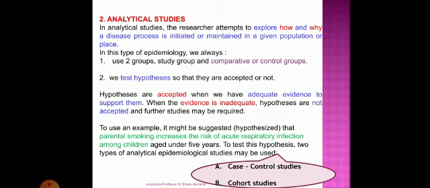So we have two groups, the study group and a comparative or control group, and we are going to compare the occurrence of the disease or the presence of the disease in relation to a certain exposure to risk factor. So we are going to test the hypothesis so that it is accepted or not.